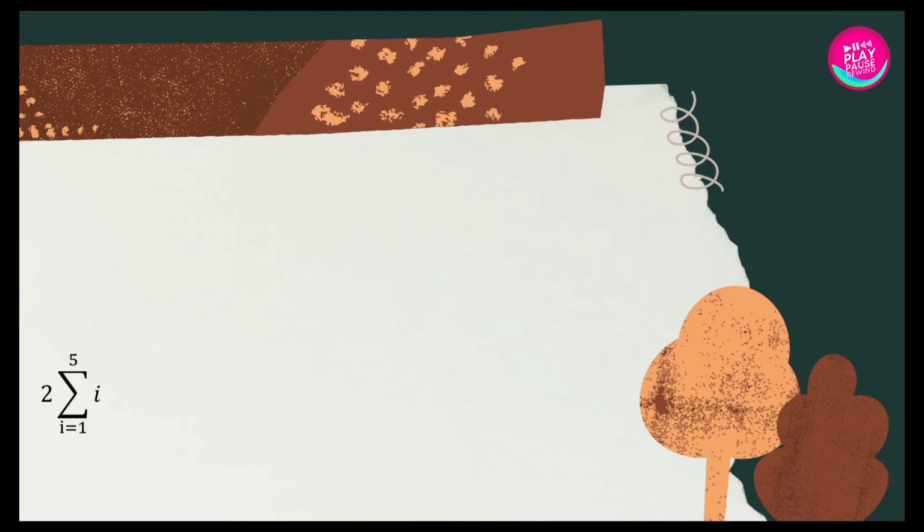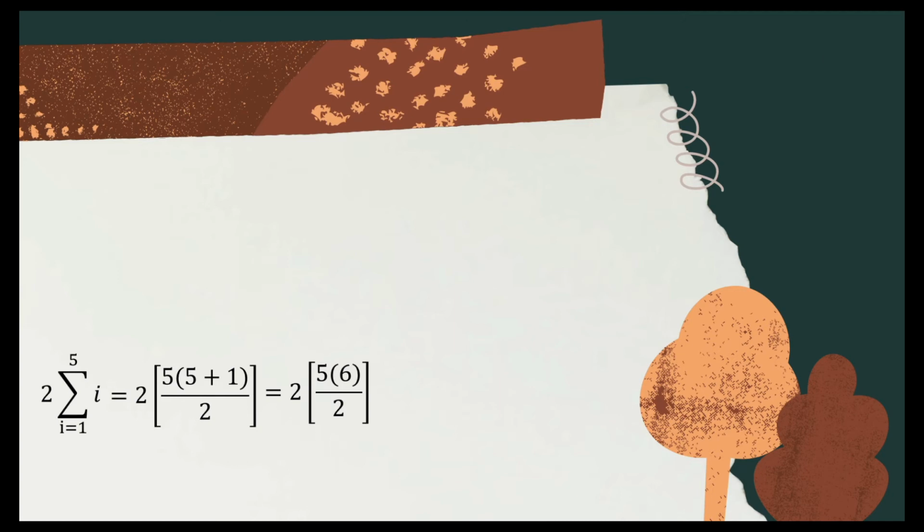We are going to substitute the value of n = 5. 2 times 5(5 + 1)/2 is equal to 2 times 5 times 6 over 2, equal to 2 times 30 divided by 2, which is 2 times 15, equal to 30.